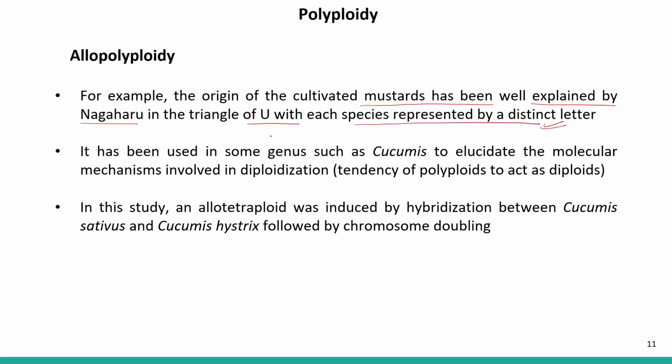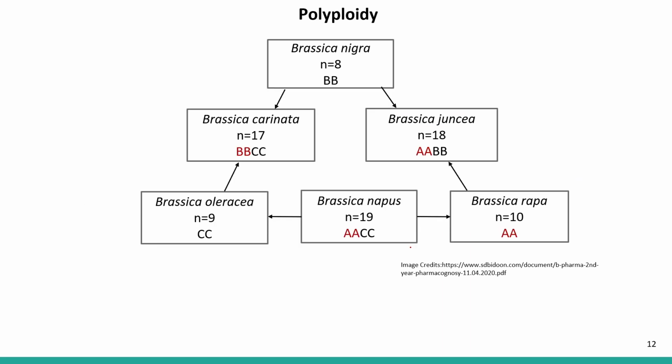Genera such as Cucumis have been used to elucidate the molecular mechanism involved in the diploidization tendency of polyploids to act as diploids. In this study, the allotetraploid was induced by hybridization between Cucumis sativus and Cucumis hystrix, followed by chromosome doubling.